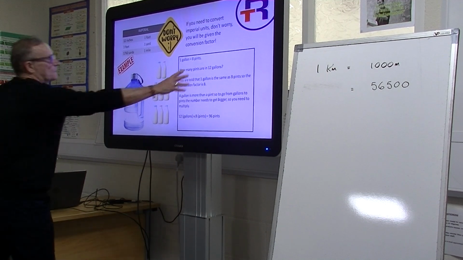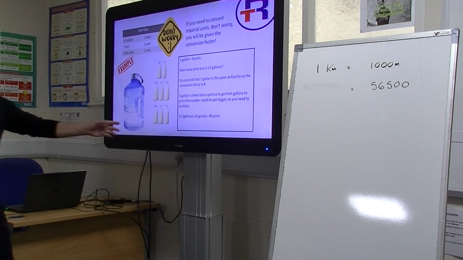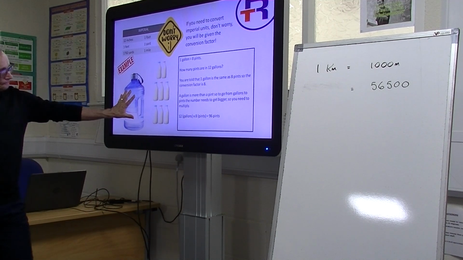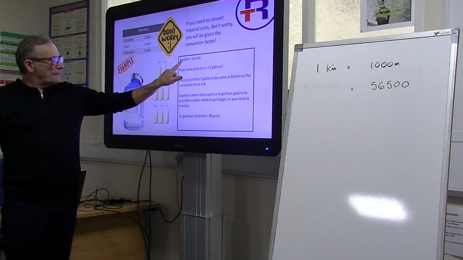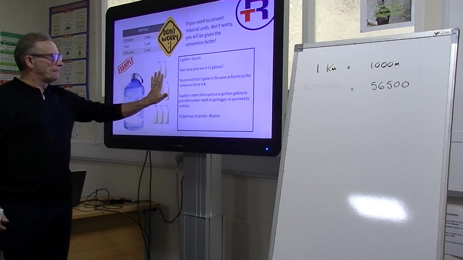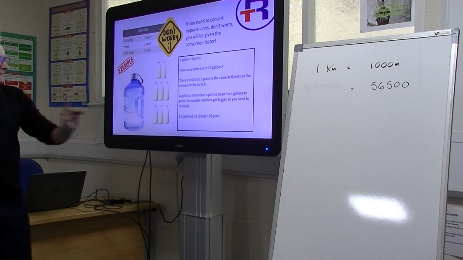But they might give you something like this: a gallon is equal to 8 pints. So how many pints are there in 12 gallons? We've been told that 1 gallon is the same as 8 pints. So the conversion factor is 8. 1 to 8, it's like a ratio, isn't it?